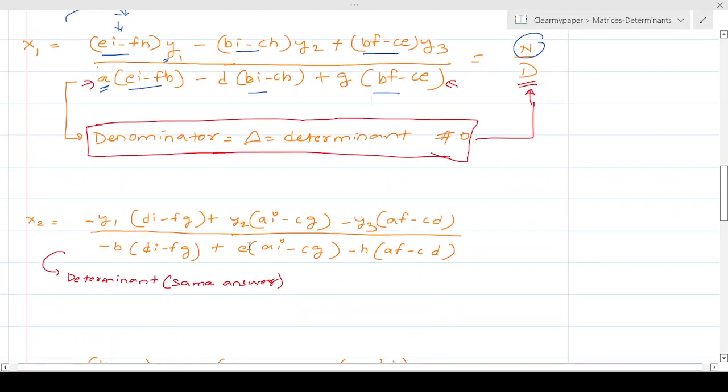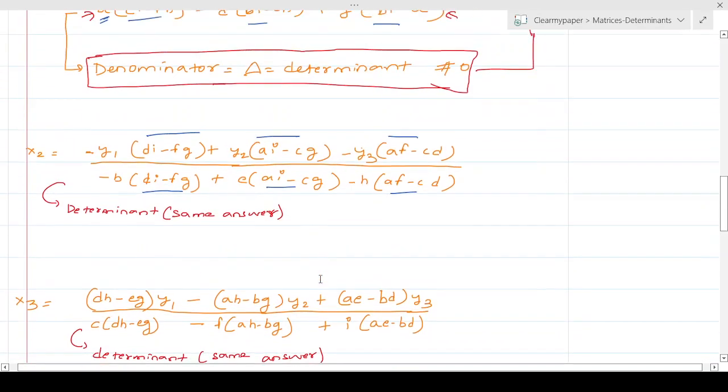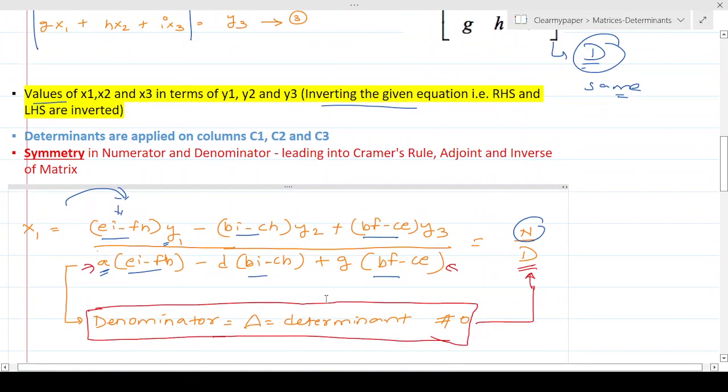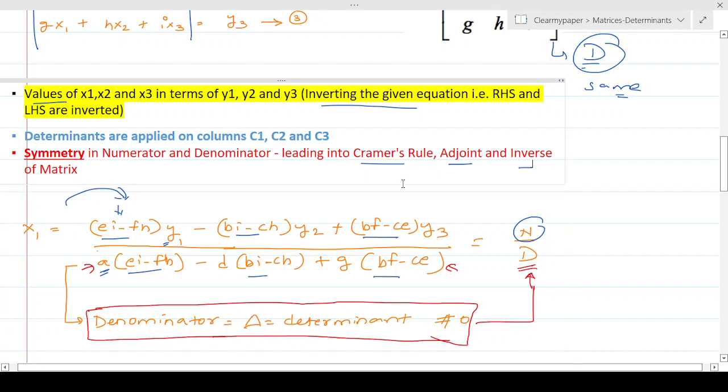Similarly, this sub-matrix over here, or the minor, is the same for the numerator and denominator for x2, and so too for x3. So that's a symmetry that we're going to unpack today, which we also saw beautifully unpacked leading into Cramer's rule, and in this episode we'll see how it beautifully unpacks in defining the adjoint and inverse of a matrix. So remember that we are focusing on the numerator for now.